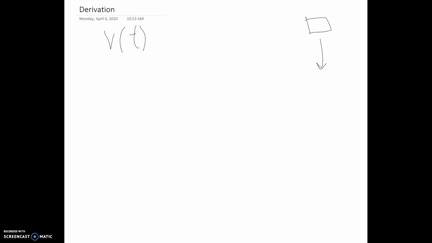It's going to have a downward force of mg and an upward force of drag force. We're going to use a linear drag force for that proof. So we're going to say that F sub d equals minus bv.